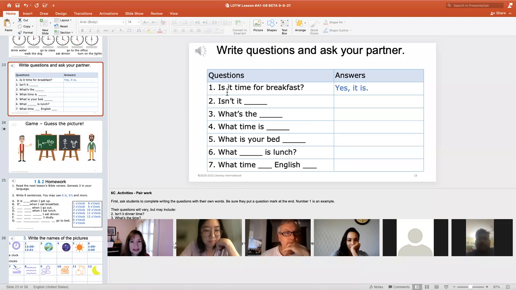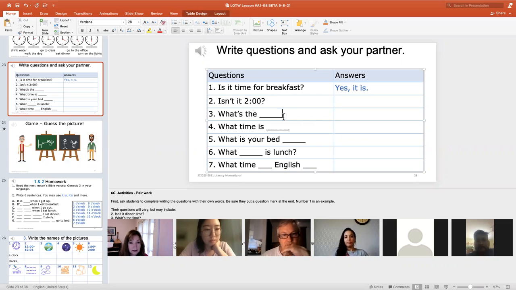So here we've got, is it time for breakfast? Yes, it is. That's our model. And then I could say for the next question, isn't it 2 o'clock? What's the time?